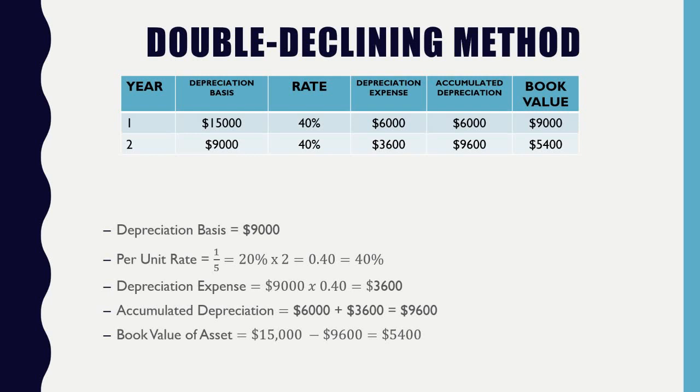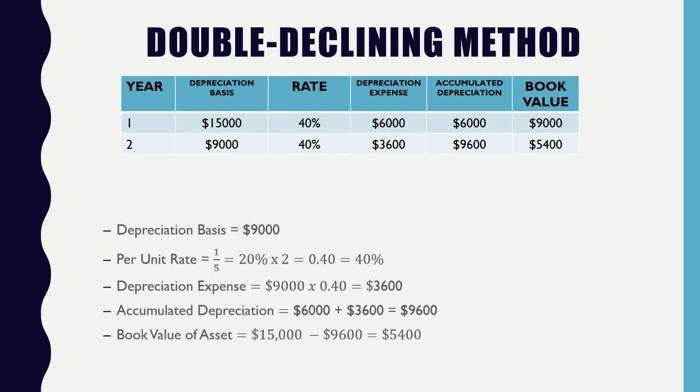Then 3,600 plus the previous accumulated depreciation of 6,000 gives us a grand total of 9,600. When we solve for the book value, it's 15,000 minus that 9,600, which gives us 5,400. Then you rinse and repeat until you reach the end.